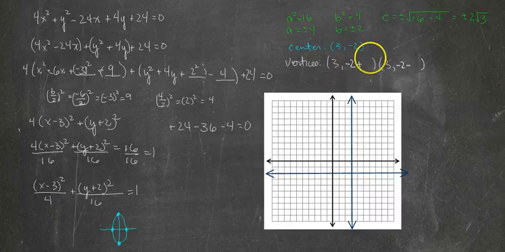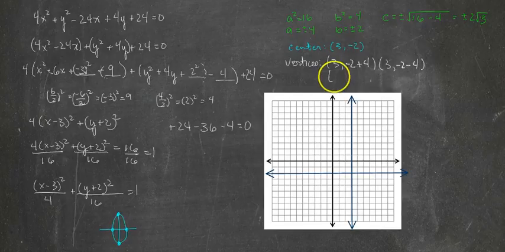So -2 plus 4 and -2 minus 4. So that means that my vertices are at 3, 2, and at 3, -6. So 3, 2, and 3, 1, 2, 3, 4, -6. 1, 2, 3, 4, 1, 2, 3, 4. Ooh, optical illusion. That doesn't look evenly spaced, but it is.